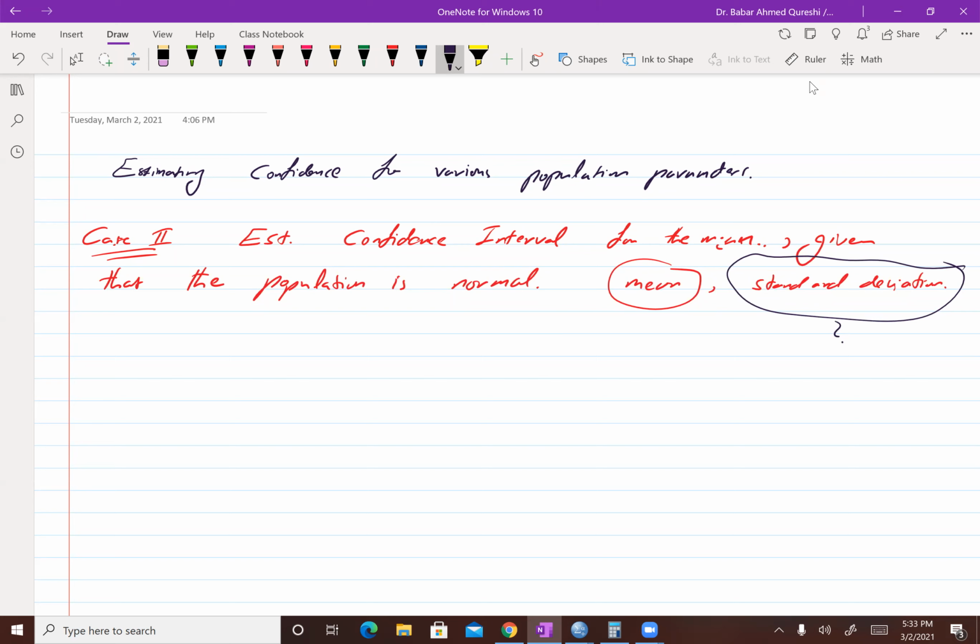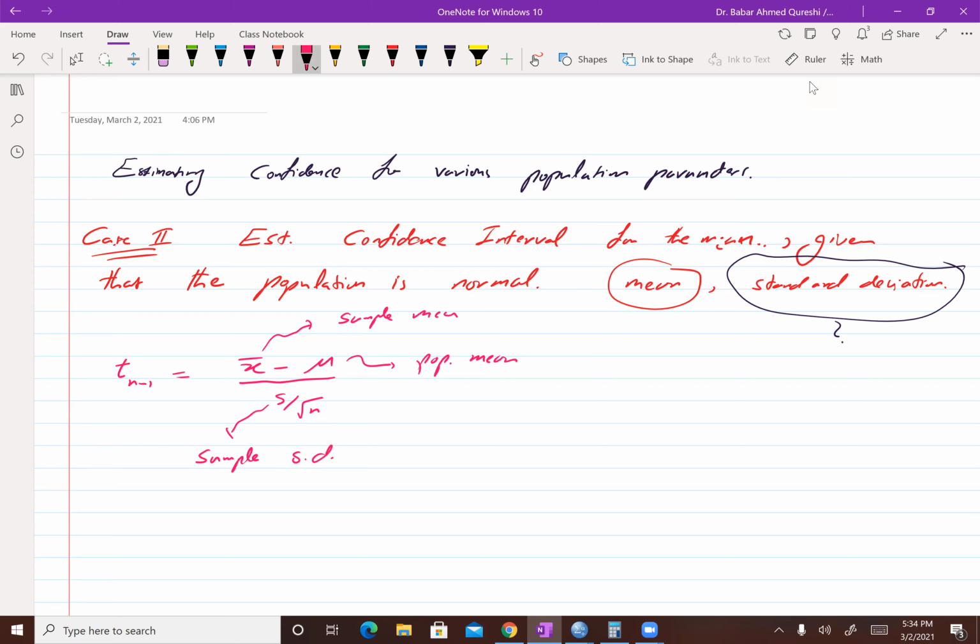So how would you do it? And we said that we can define this parameter, something which looks very close to a standard normal, where this is the sample mean, this is the population mean, and this is the sample standard deviation.